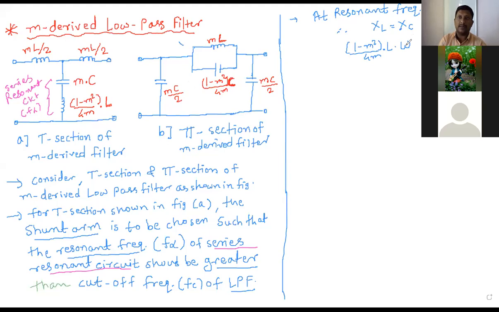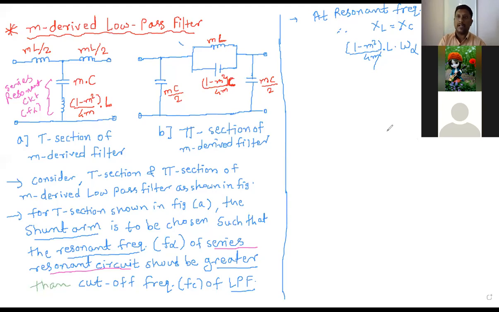But at the resonant frequency, I will write omega alpha. XC means 1 upon omega C. So omega is replaced by omega alpha, and the C value is m into C, the capacitor value. Now this m and this m will get cancelled.